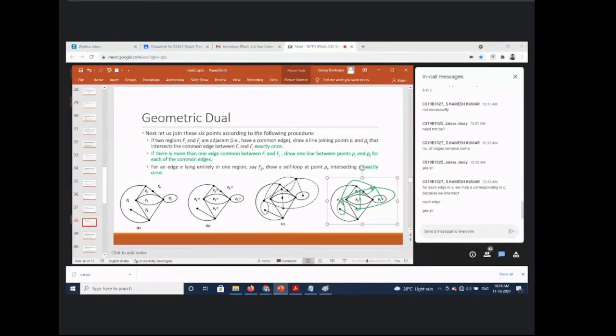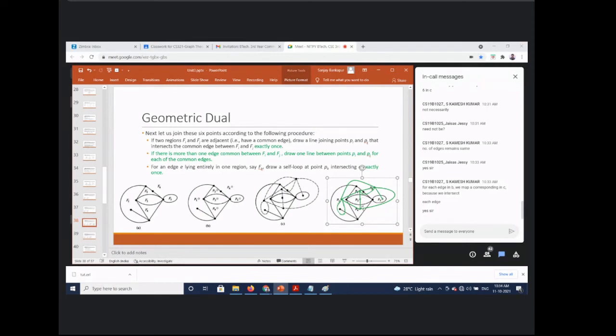P1, P2, P3, P4, P5 and P6 are the vertices of the geometric dual, and the green lines are the edges of the geometric dual graph.